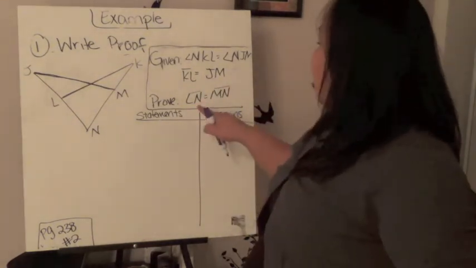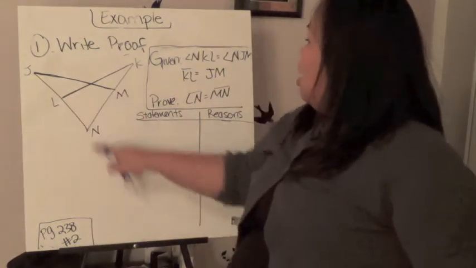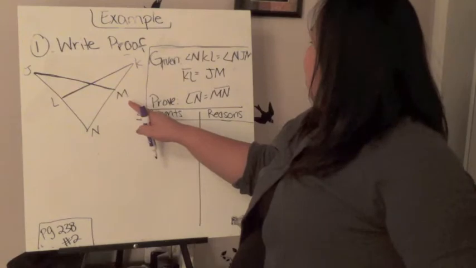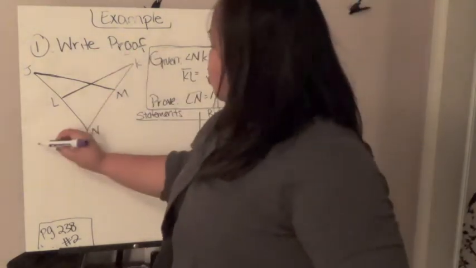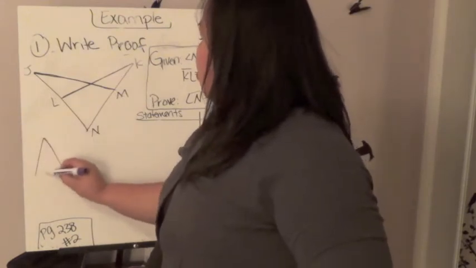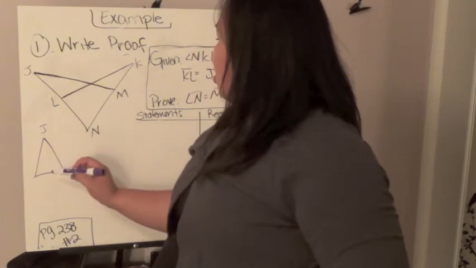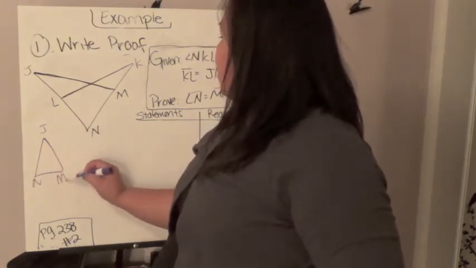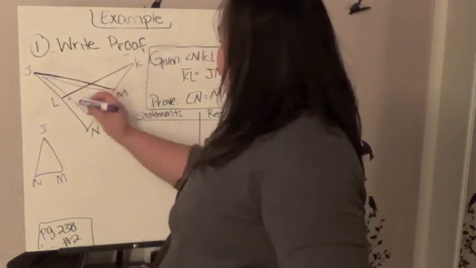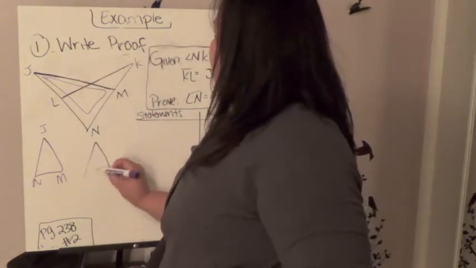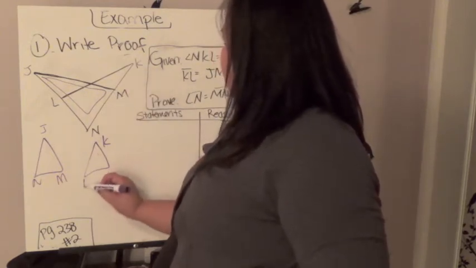So let's find LN and MN first. So here's LN and MN. You see, these are the two triangles we're going to try to prove congruent. This is J and M, this one right here, and then the other side, K, LN.